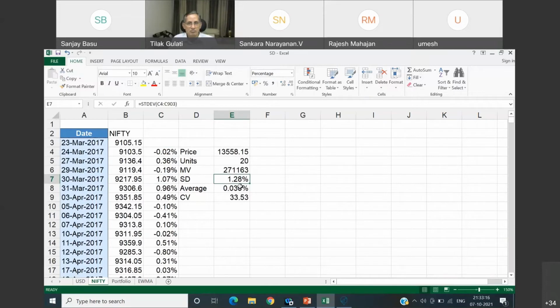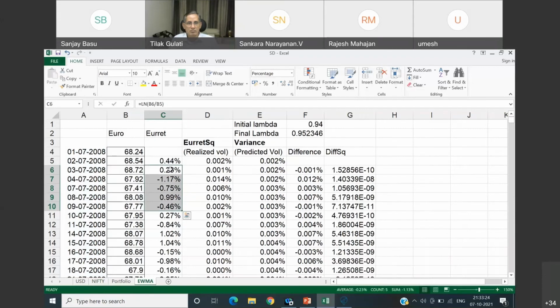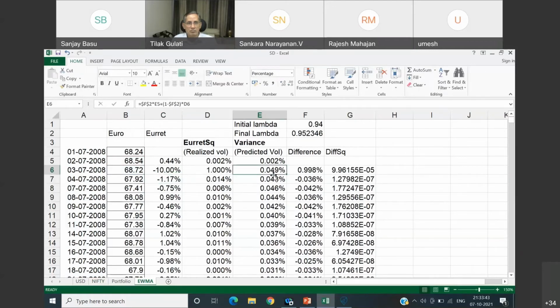It was 1.24, it has become 1.28. But if I change one data point here, as I did, my volatility estimate gets a very big jump.